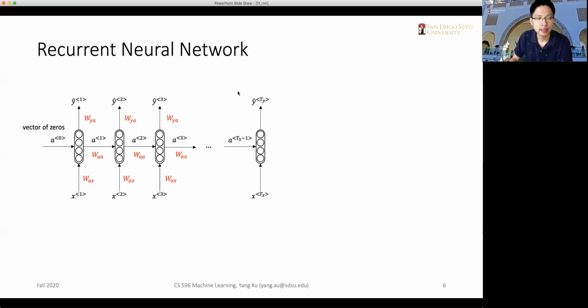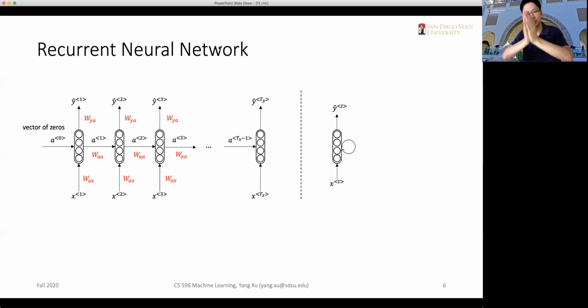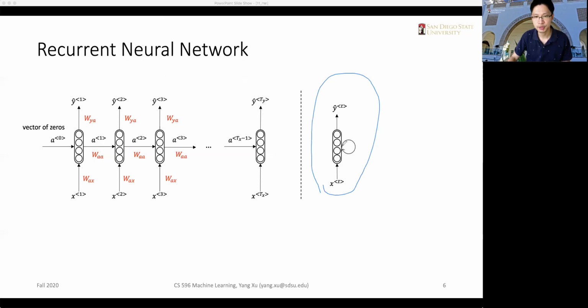Okay, so now let's look at how the activations are computed. Before that, as a simplified representation or visualization for the network, we don't want to lay out each time step into columns this way, but we will use a more compact visualization like this.